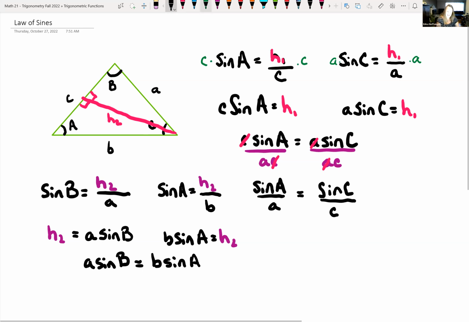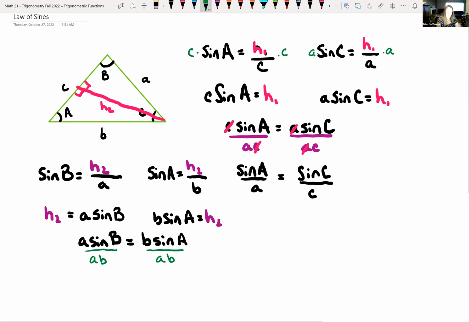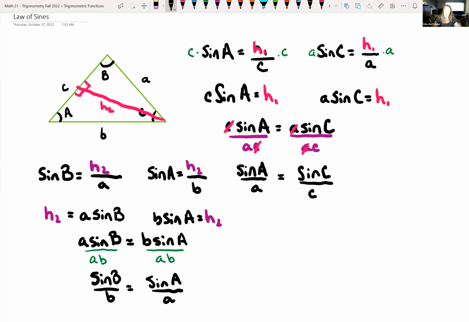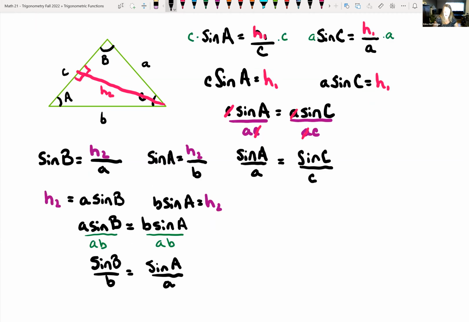Again, if we divide both sides here by the coefficients in front of our sines, so A, B in this case. For the left-hand side of our equation, our A's would cancel, and we would be left with sine B all over side B is equal to sine A all over side A. But up here, we had just solved that sine A over A. We have sine A over A here.